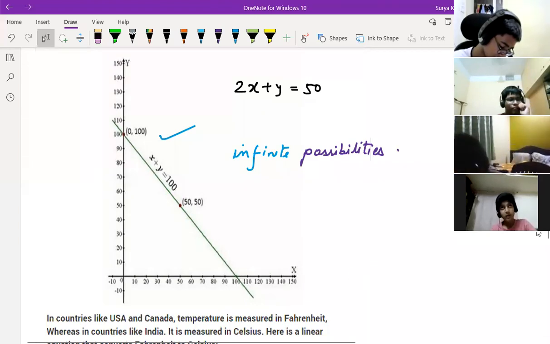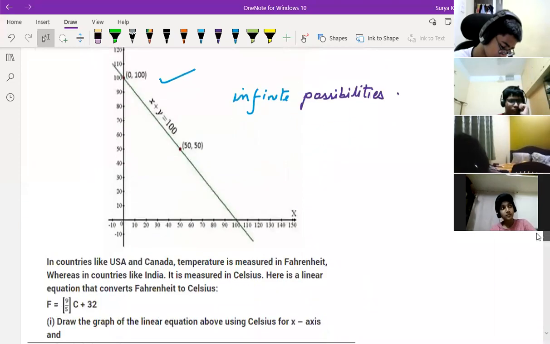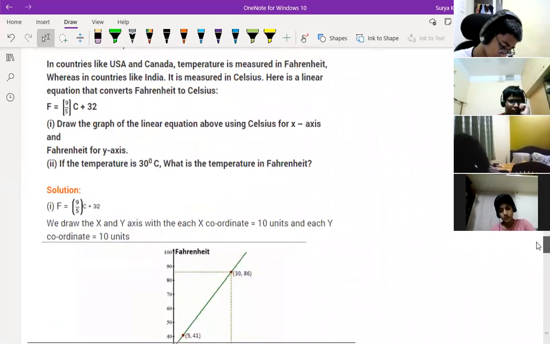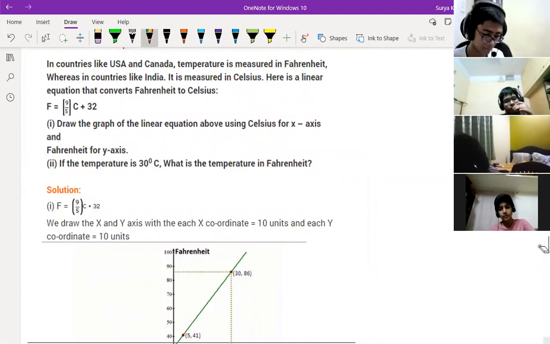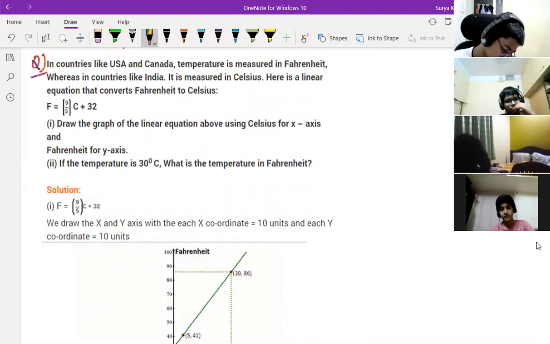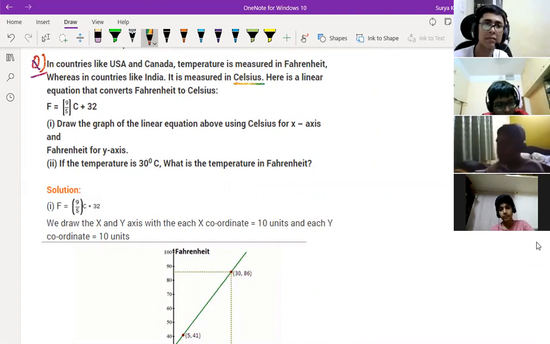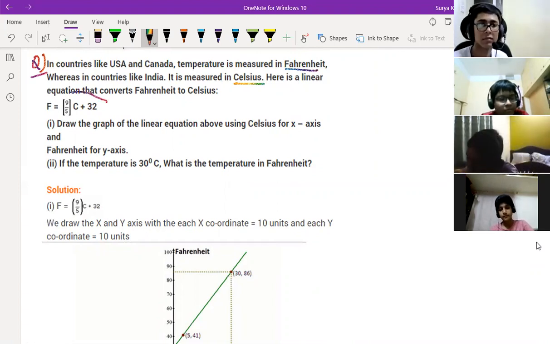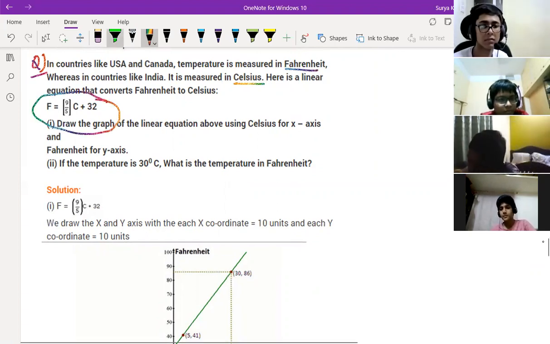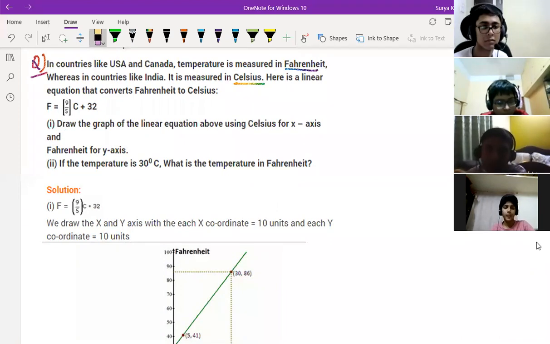Okay, fine, children. Next question: in countries like USA and Canada, temperature is measured in Fahrenheit, whereas in countries like India, it is measured in Celsius, right? So this is the formula they have given here in the question, to convert Fahrenheit into Celsius or Celsius into Fahrenheit.